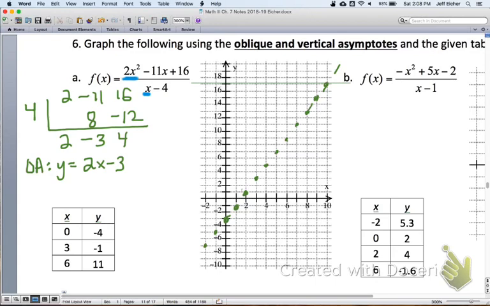That's our oblique asymptote. We can tell by the denominator here, it doesn't have any factors in the numerator that will divide out. So we would get a vertical asymptote at x equals 4. So we can graph that vertical asymptote at x equals 4.